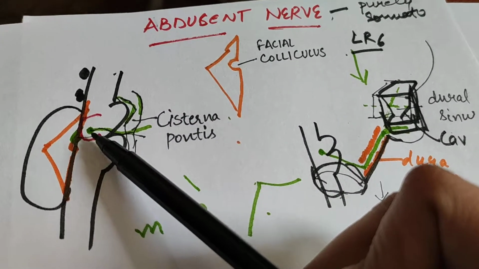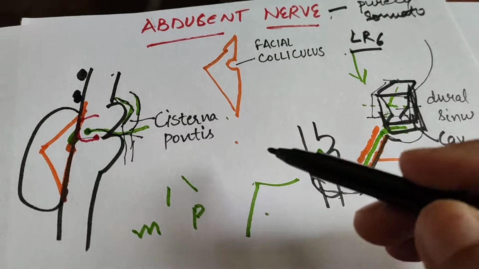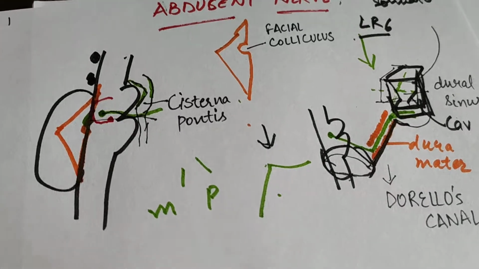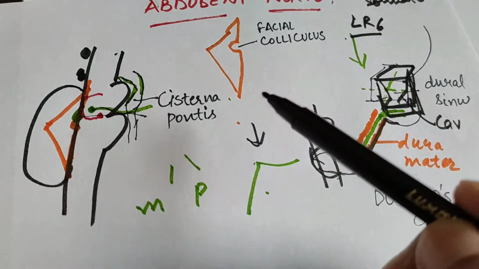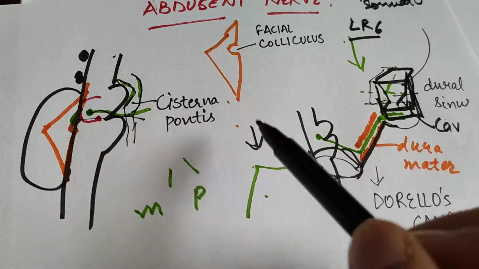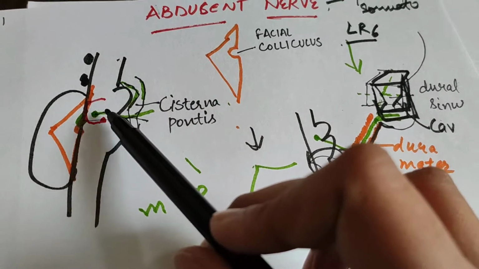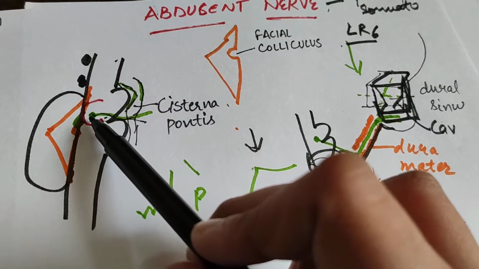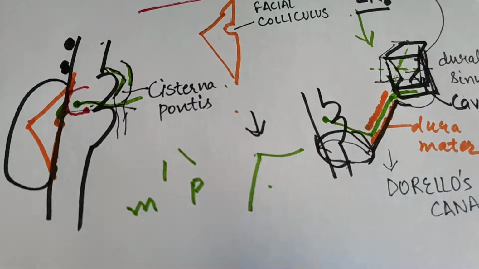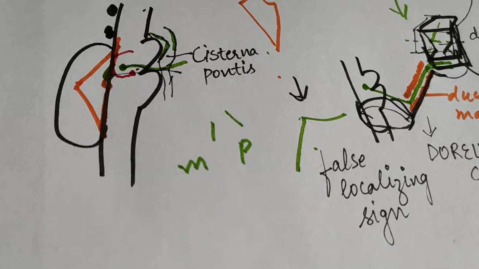But if the damage is over here at the bend, through the intracranial pressure, then that is a false sign. The problem is over here, but we are thinking it to be here. What is it known as? False localizing sign.